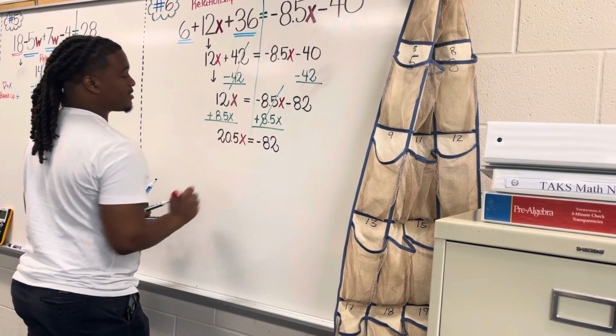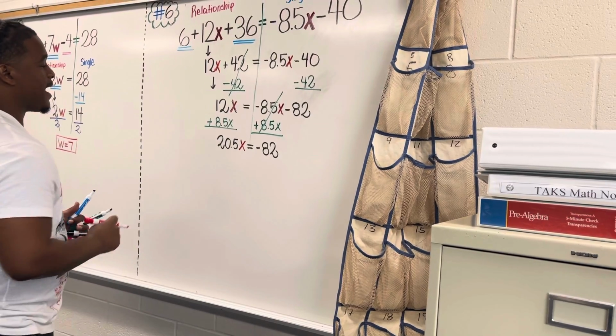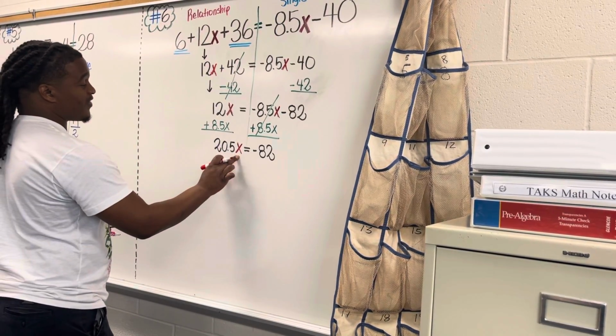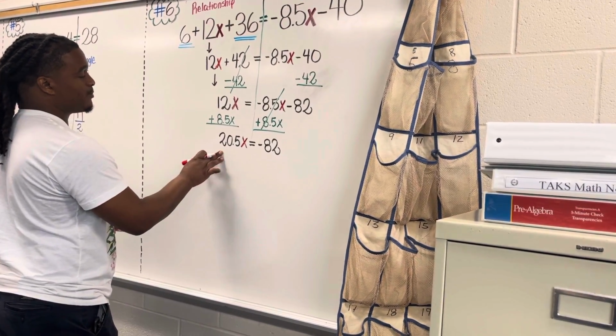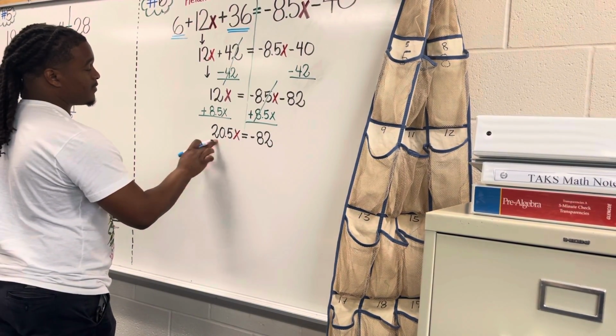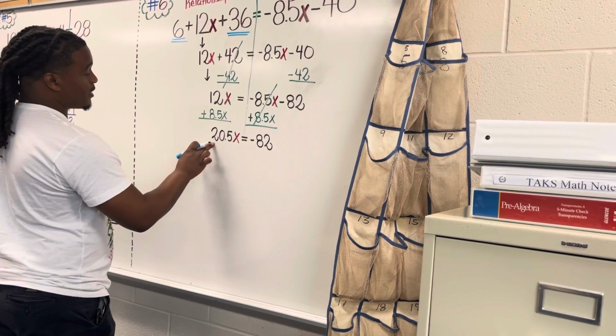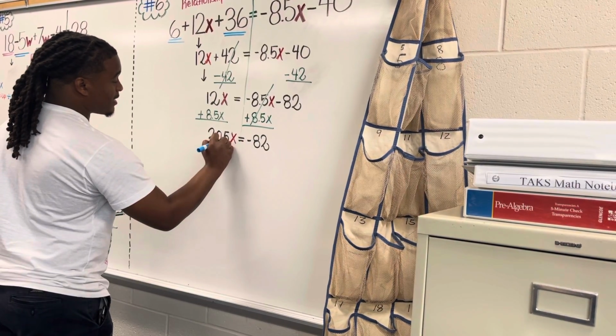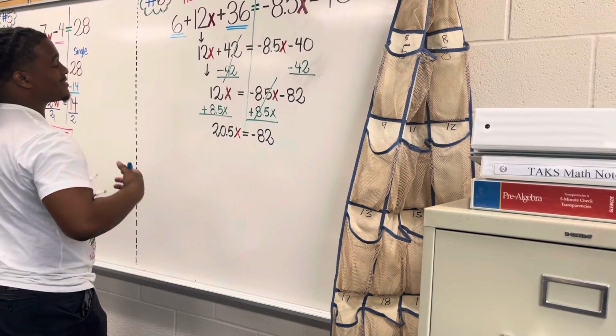Now I'm down to my last and final step. In order for us to find out the value of x, it has to break up with 20.5. So we have to do the inverse operation of their relationship. It's saying 20.5 times x, so the opposite of that is divide.